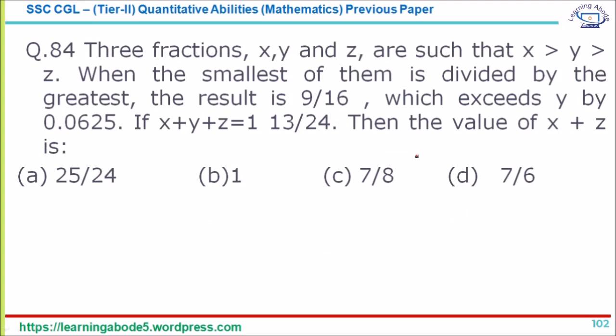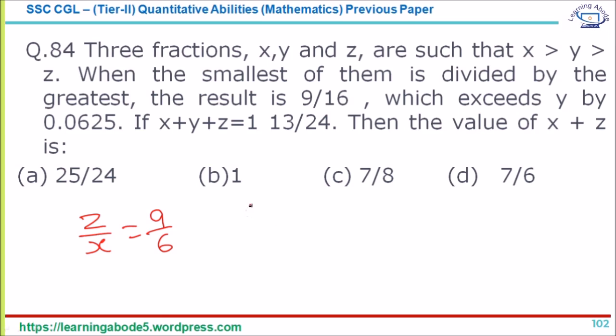3 fractions x, y and z, where it is given that x is greater than y and y is greater than z. When the smallest of them is divided by the greatest, the result is 9 by 16. That is z by x. Okay, now that is equal to 9 by 16, which exceeds y by 0.0625.